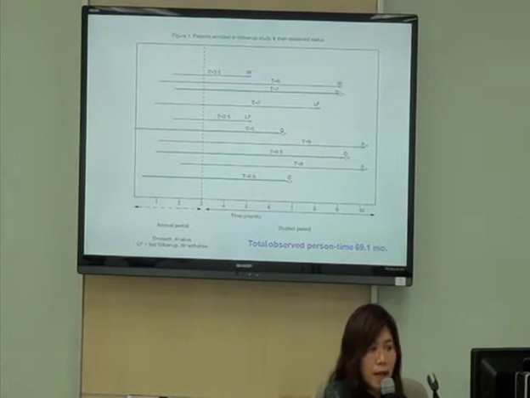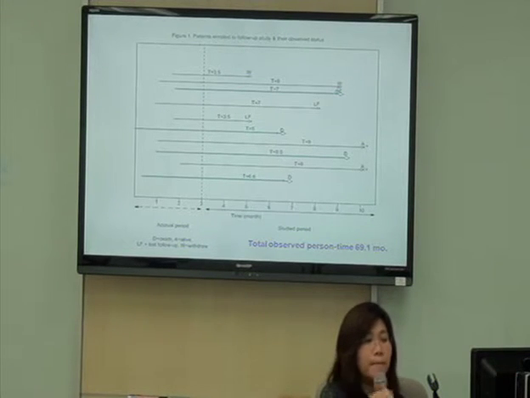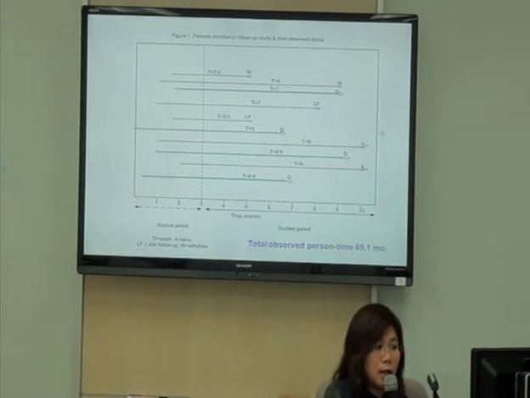So this is the nature of the study. Someone might come at a different time, someone might be lost to follow-up, someone might withdraw, deny to enroll in the study, and A means still alive until the end of study.